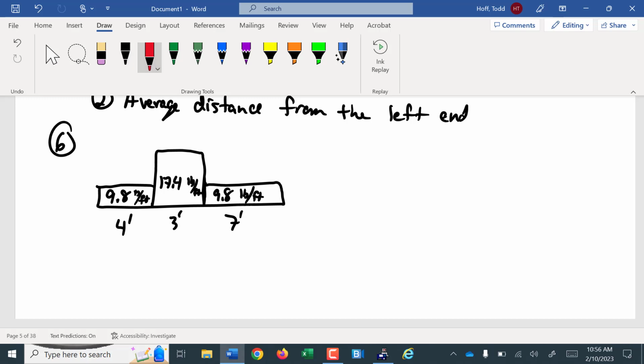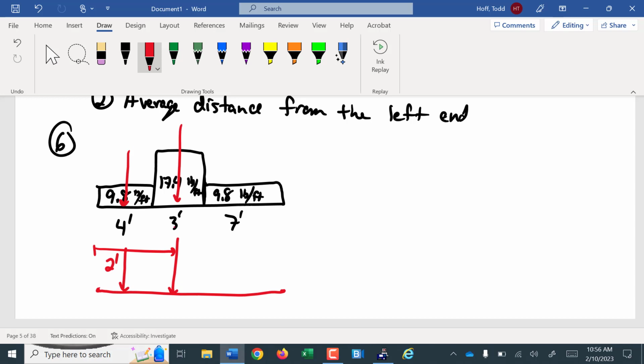So now remember, we're going to convert these to equivalent concentrated loads. The first one's going to be at the center of this. How far is that going to be from the left end? 2 feet, in the middle, half of the 4. Perfect. The next one will be here. How far is that going to be from the left end? There you go.